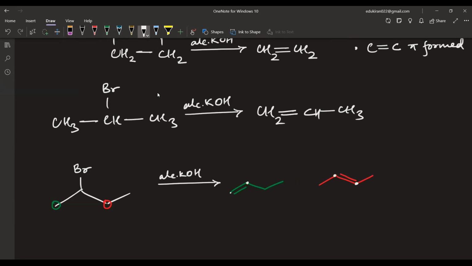Here the double bond is attached with only one alkyl group. Here it is attached with two different alkyl groups. And if it is attached with more alkyl groups, that is going to be more stable, and that is why this will be major, and this will be minor.